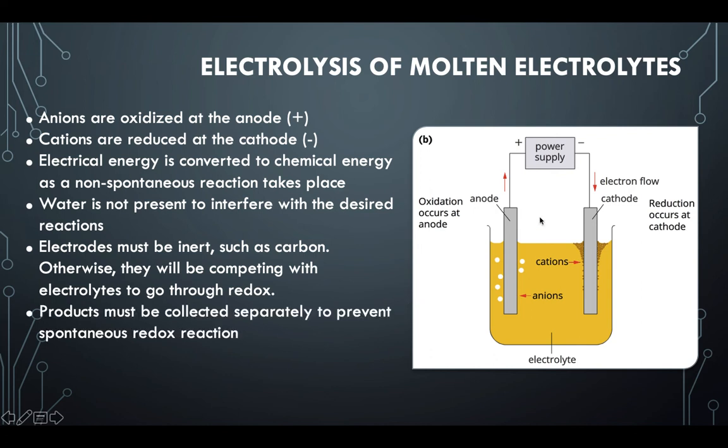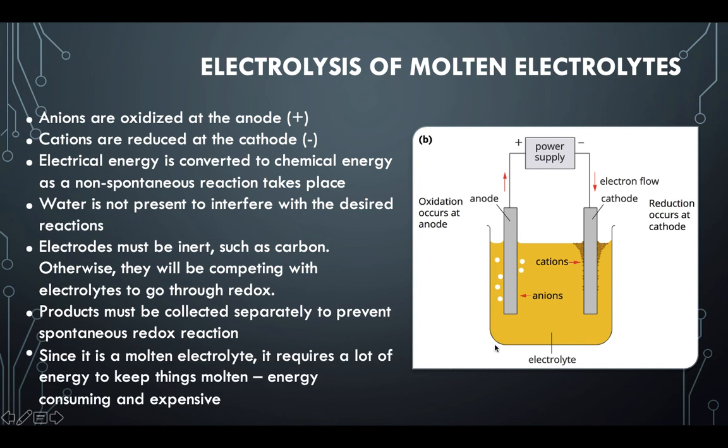At the same time, products must be collected separately, because if not, they have a spontaneous redox reaction right there in that electrolytic cell. That totally wastes all the energy that you have put in. Okay? And since it is a molten electrolyte, it requires a lot of energy to keep things molten.